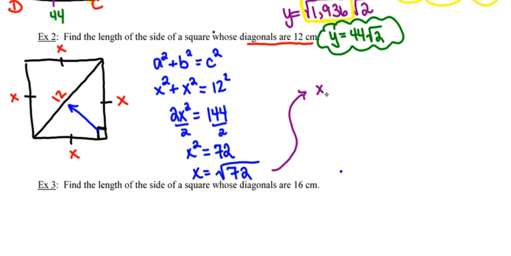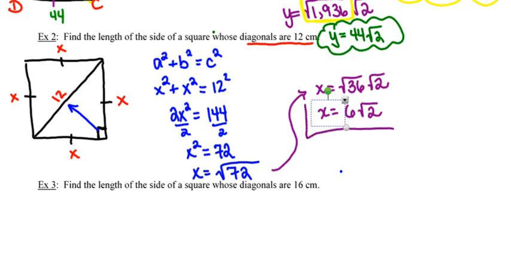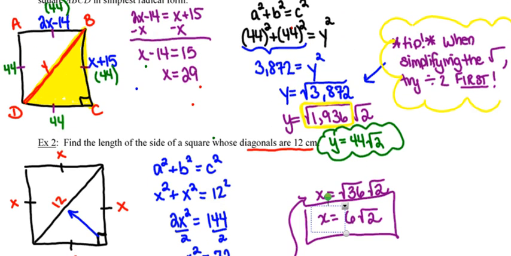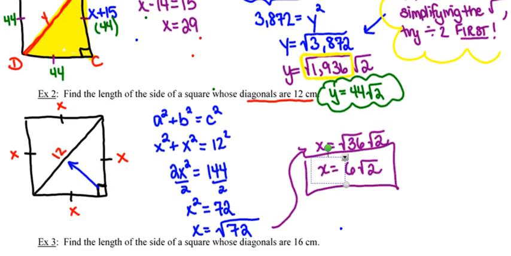So I'm going to rewrite that number as the square root of 36 times the square root of 2. And then, of course, the square root of 36 I can take. Square root of 2 I can't. So that length of one side of the square now becomes 6 square roots of 2. But again, that tip, super helpful anytime you're working with the square.